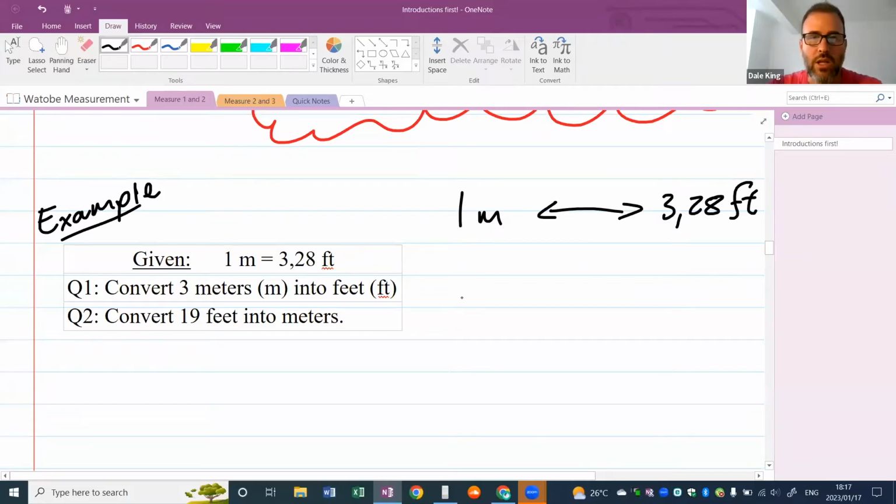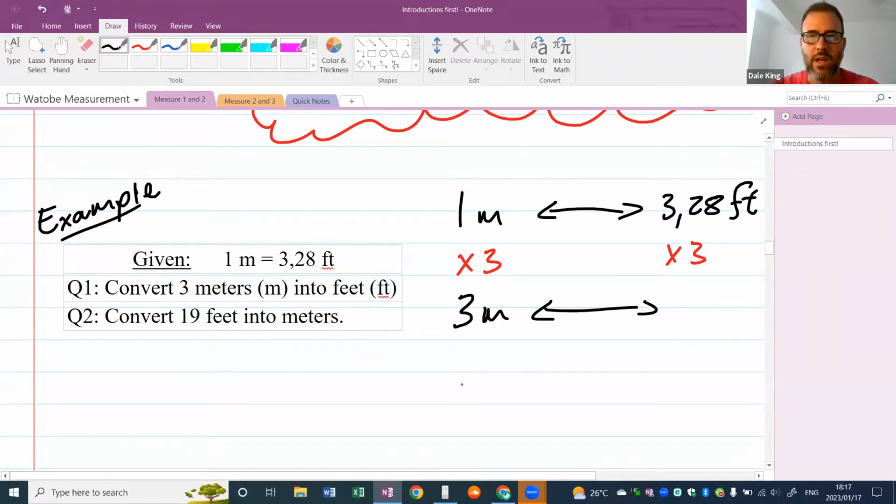Now, if we want to change the 1 meter into 3 meters, what are we doing to that 1 meter to change it into 3? We have to multiply that by 3. So what you do on the left-hand side to change the 1 meter into 3 meters, you can also do on the right-hand side. You do the same thing.